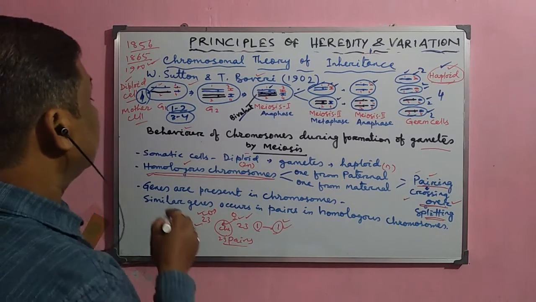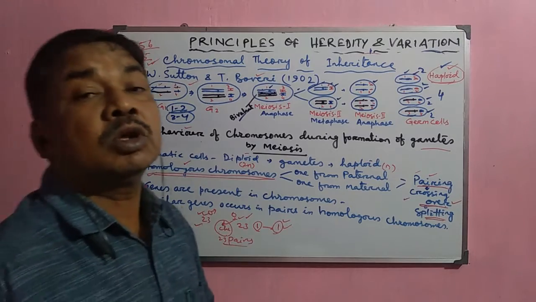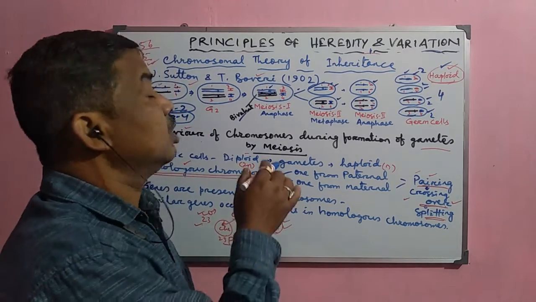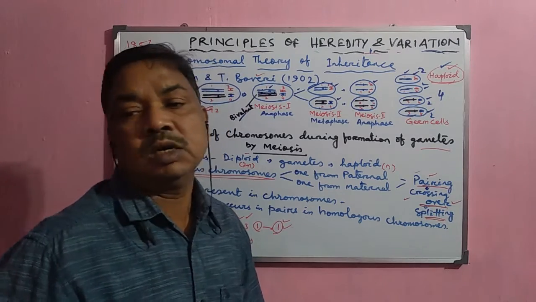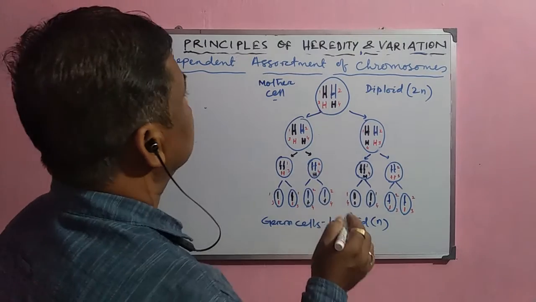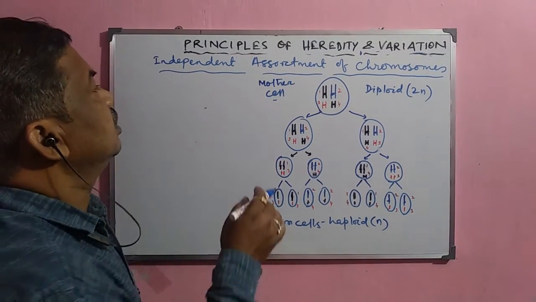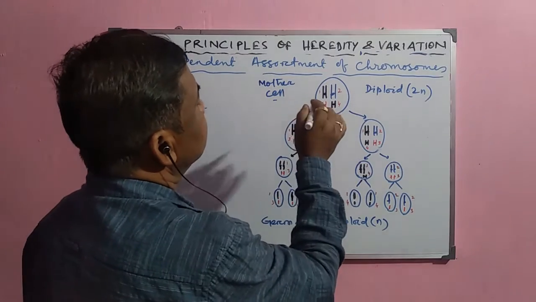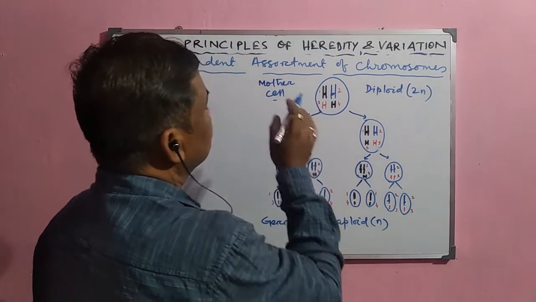And after that they compare the behavior of these chromosomes with the behavior of the factors or the genes which were explained by Mendel. Now, the behavior of chromosomes during the independent assortment of the different alleles which are present in different chromosomes.